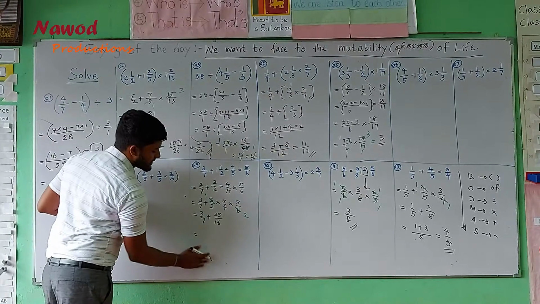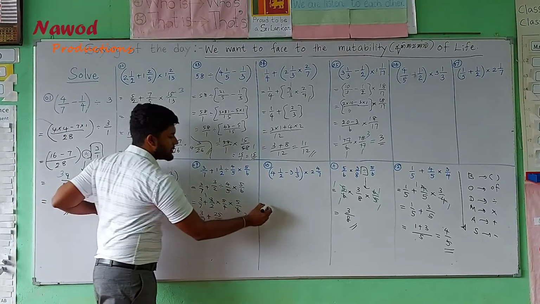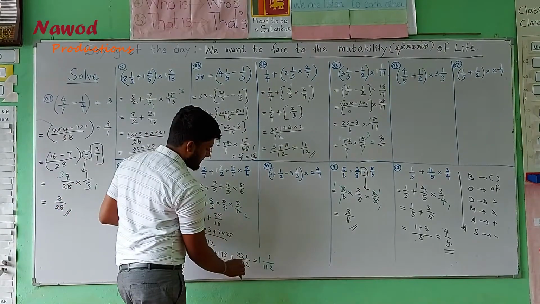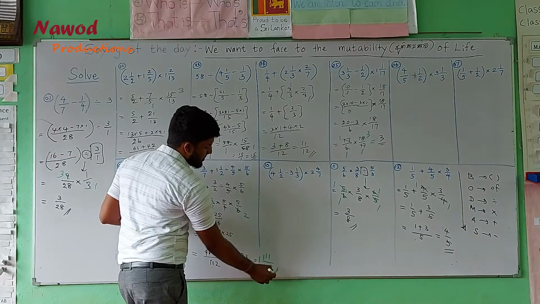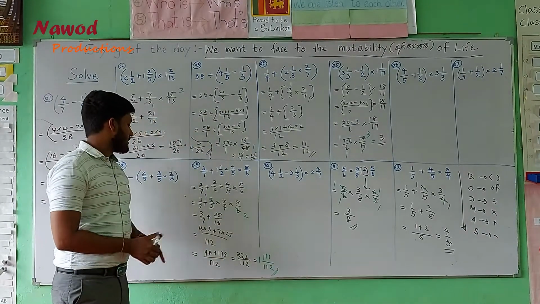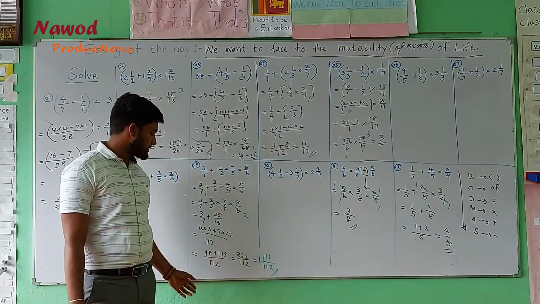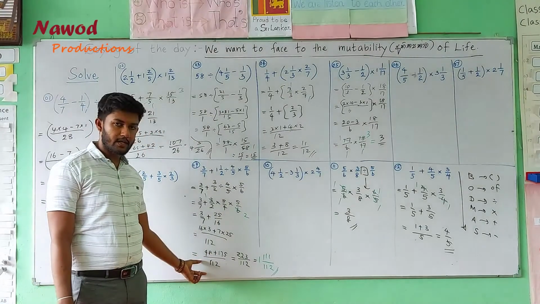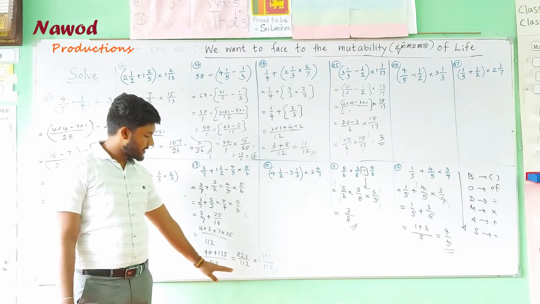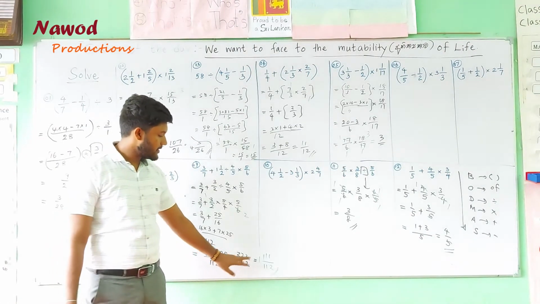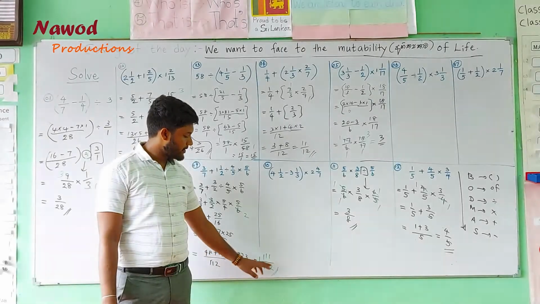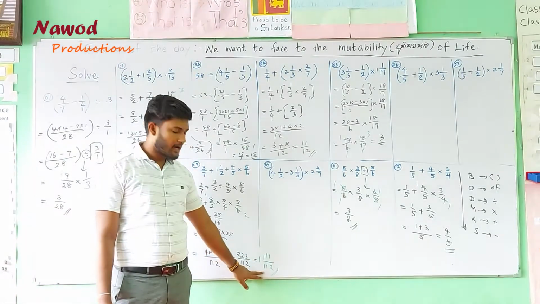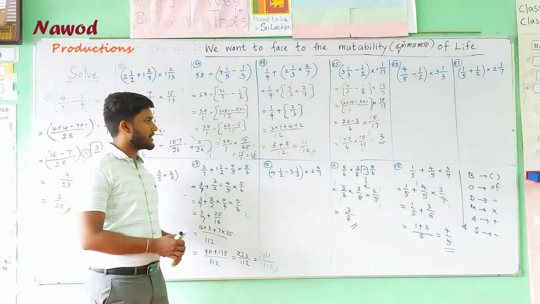Already you have to take the 16 into 7. Here 48 plus 175 over 112, 223 over 112, 111 over 112. You can get an answer.